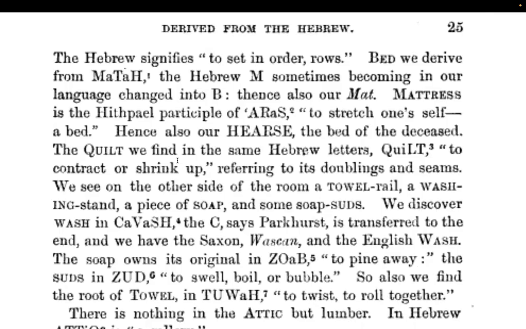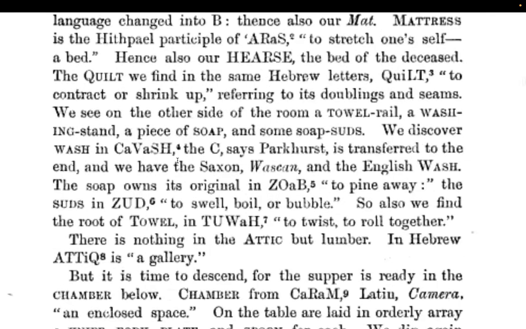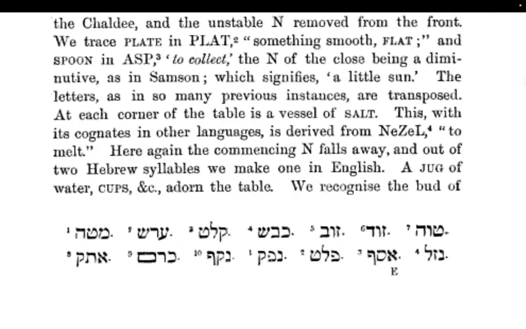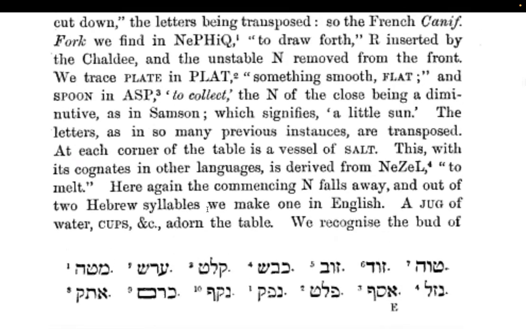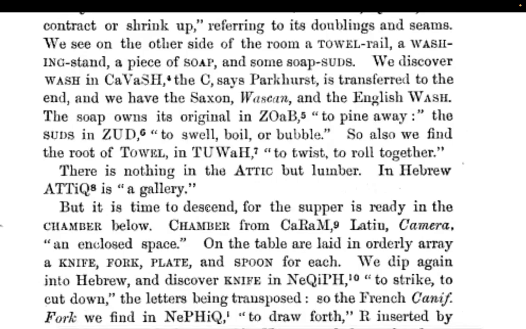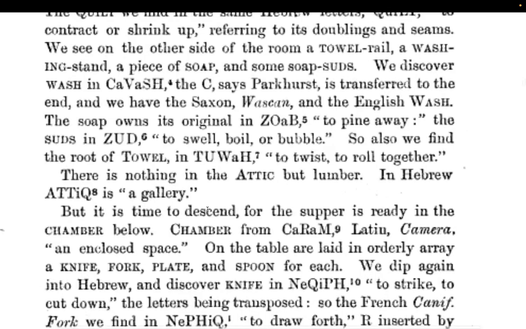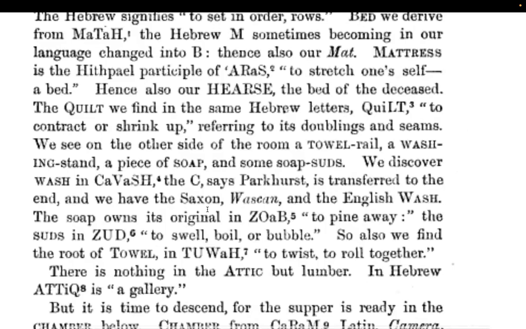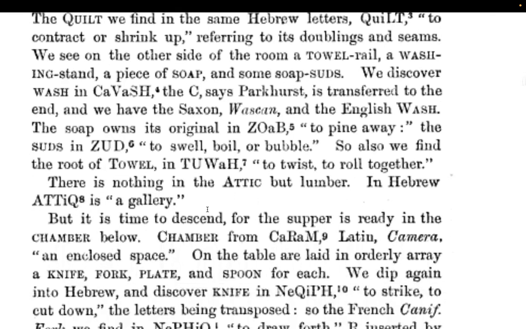The quilt we find in the same Hebrew letters, kof lamed tet, quilt, to contract or shrink up, referring to its doublings in seams. We see on the other side of the room a towel rail, a washing stand, a piece of soap, and some soap suds.